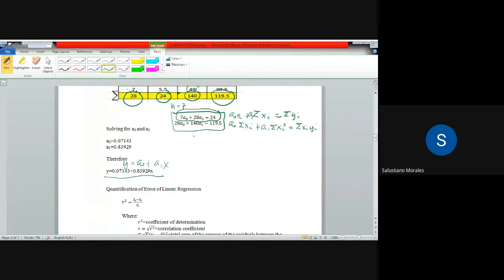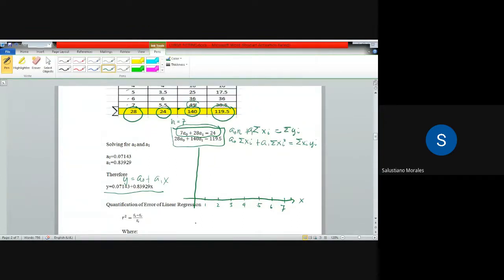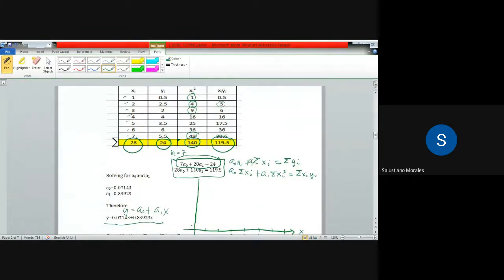So kung i-illustrate natin to para ma-visualize natin yung ginawa natin na solution for this, i-plot lang natin, okay? So we consider the x-axis, bale 7 yung value: 1, 2, 3, 4, 5, 6, 7. Ito yung x-axis natin. Then yung y natin, ang pinakamataas na value doon based from the given is 6.